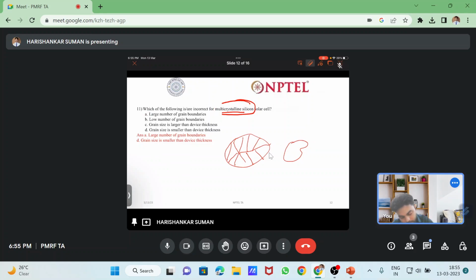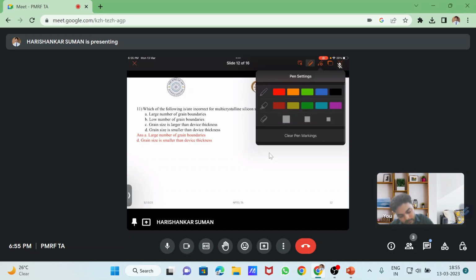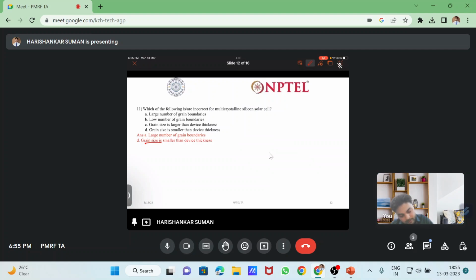It cannot be greater than the device thickness. Grains are smaller, obviously. Let's move forward.